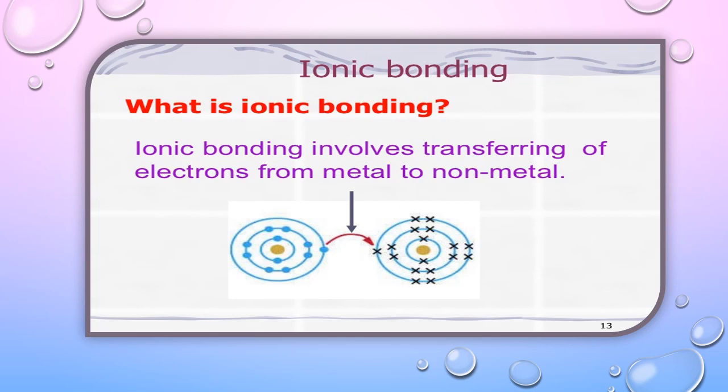On the other hand, non-metal atoms have usually 5, 6 or 7 electrons in their outermost shells. So, they need electrons to form stable negative ions. Thus, when a metal reacts with a non-metal, then transfer of electrons takes place from metal atoms to the non-metal atoms and an ionic bond is formed between them. Okay?